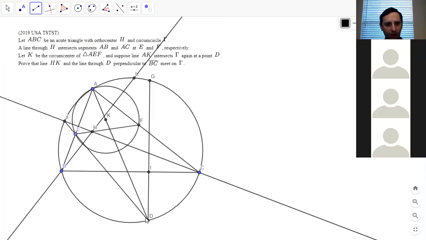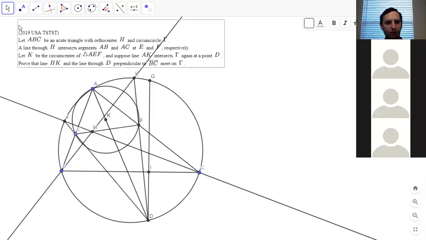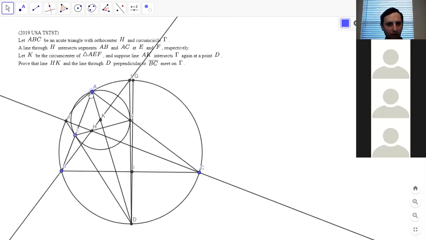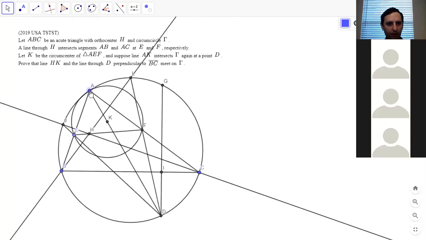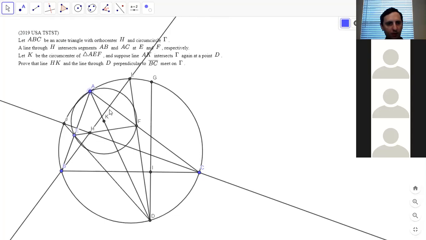It looks like it. So it looks like we have a Pascal's theorem configuration. I think we still have to prove it, but let's see. I don't know if that's obvious somehow by Pascal's theorem, but I think that's probably going to be useful.